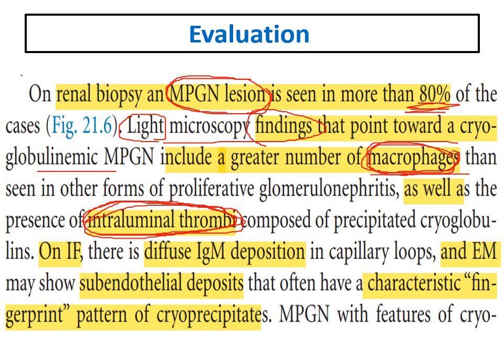So, MPGN pattern with intraluminal thrombi and a greater number of macrophages are all suggestive of cryoglobulinemia. What about immunofluorescence? There is diffuse IgM deposition.